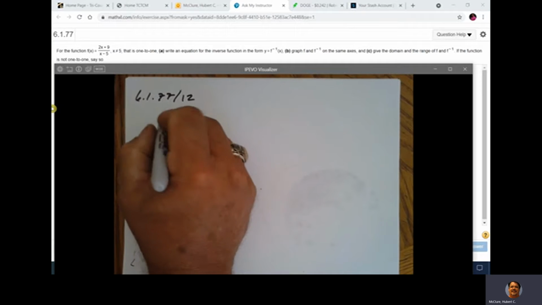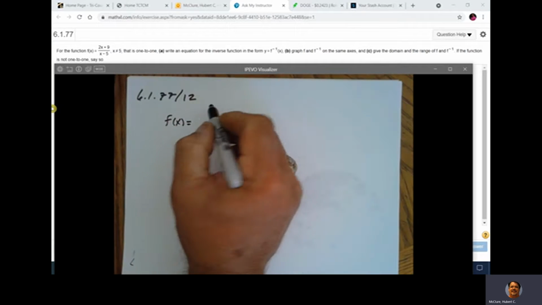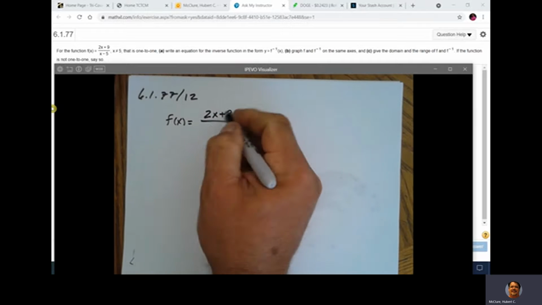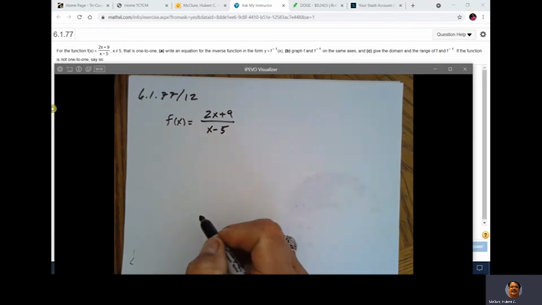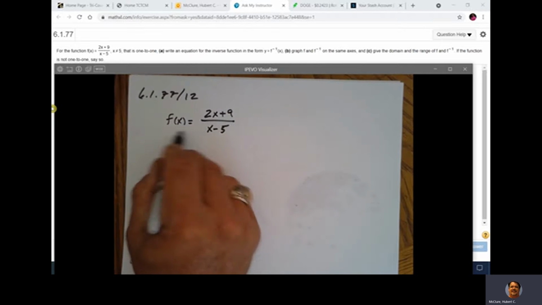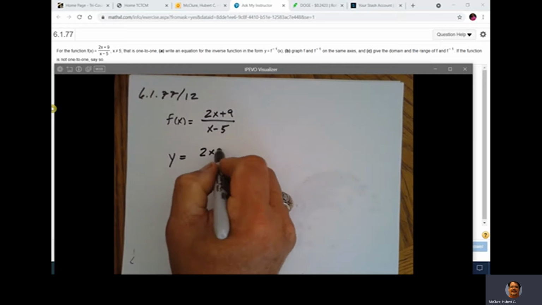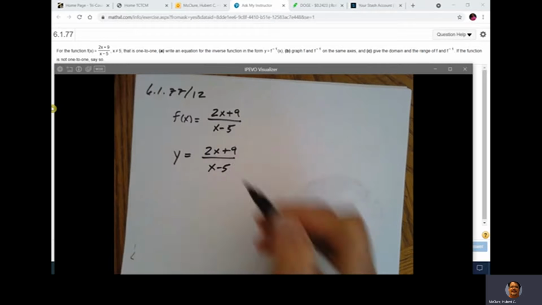Looks like f of x is equal to 2x plus 9 divided by x minus 5. And I see the word inverse in there. So the first thing I'm going to do is rewrite this with y is equal to 2x plus 9 over x minus 5.